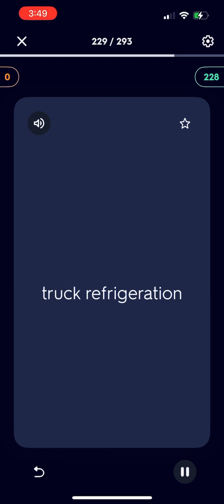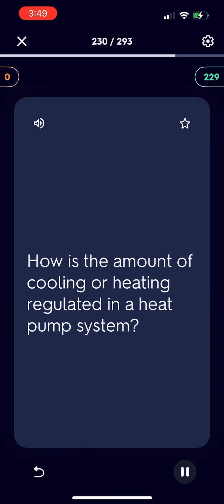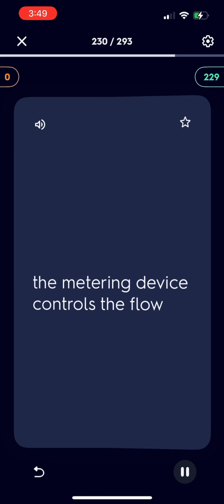Truck refrigeration. How is the amount of cooling or heating regulated in a heat pump system? The metering device controls the flow.